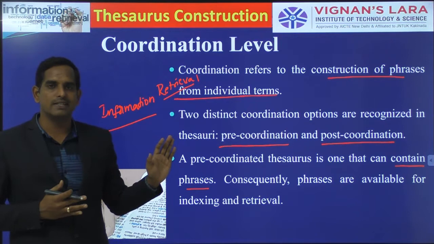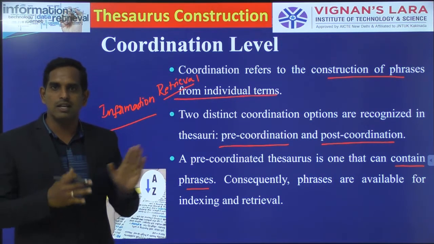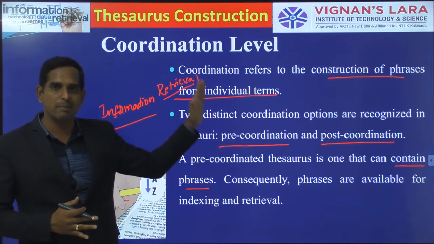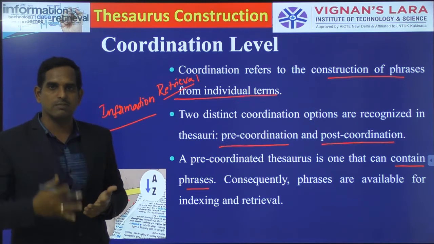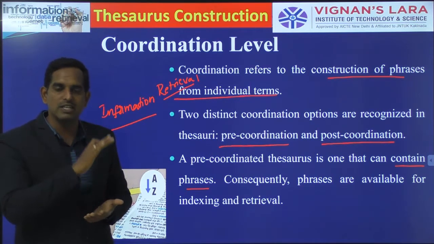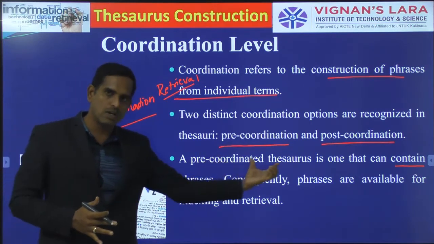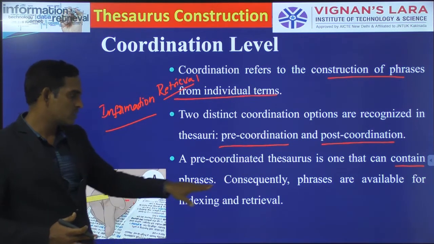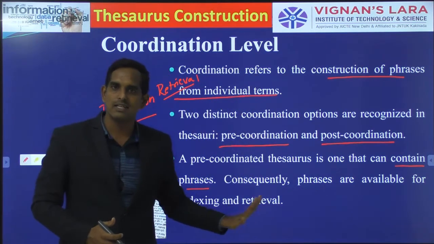A pre-coordinated thesaurus means we will have all the list of terms or phrases which can be indexed in your complete information retrieval system. All those terms are fixed and present in your thesaurus. Consequently, the phrases are available for indexing as well as retrieval.